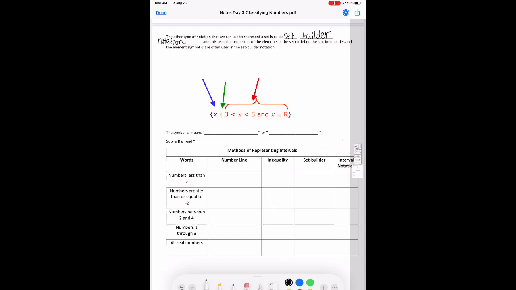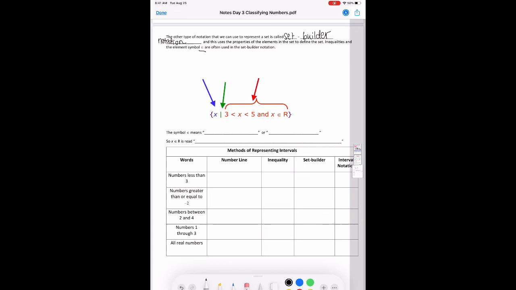If you see the word set builder, think of fancy brackets. Interval gets those boring brackets or parentheses. Set builder gets a little fancy. It uses the properties of the elements in the set to define it. We'll also see this symbol here that means an element of. I'll talk about that more in a second.